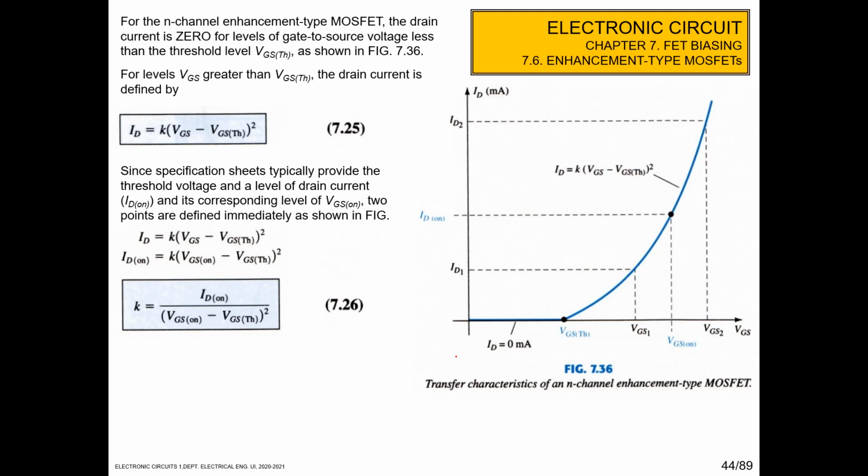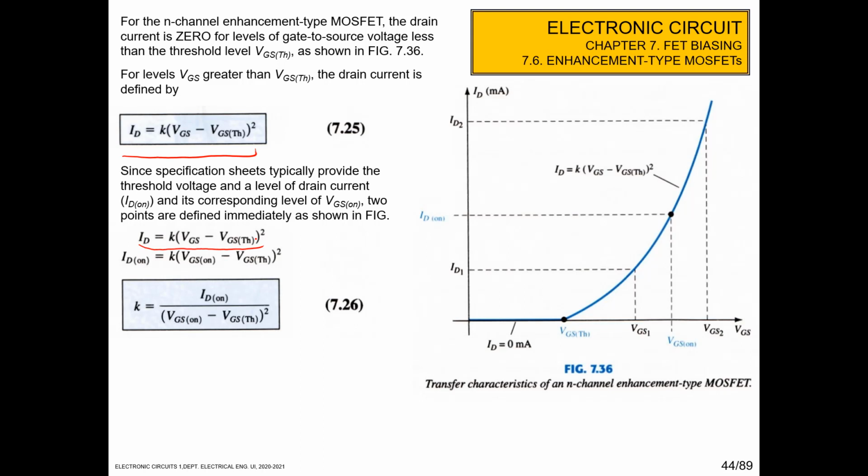And then this is for N channel enhancement type MOSFET. So for N channel, we didn't use the Shockley equation, we used another equation. So the ID is equal to K multiplied by (VGS minus V threshold) squared.